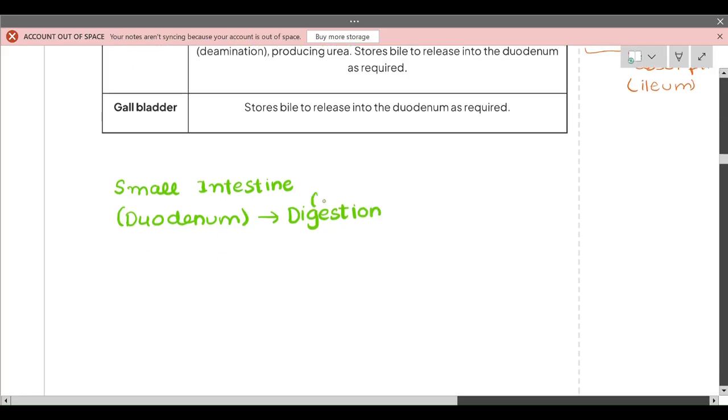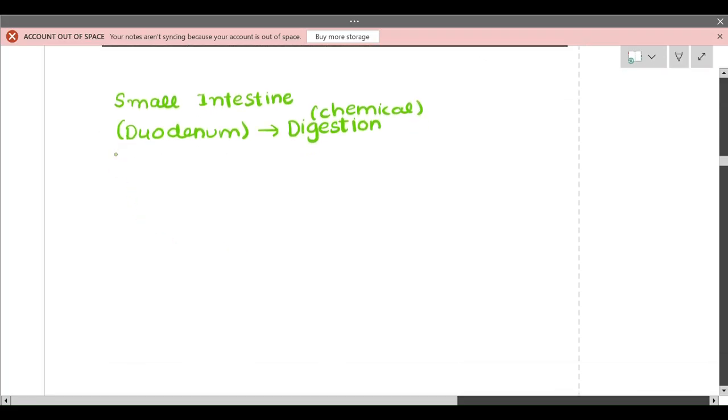And which kind of digestion? The chemical one. And you can see which kinds of secretions are present. So basically the pancreatic juice, and as I told you, for pancreatic juice to work, they need alkaline conditions.